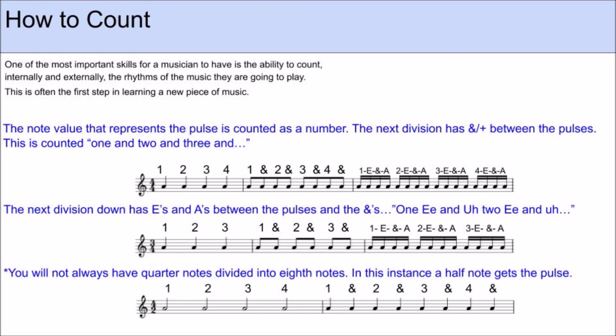The top number is 4, so we know that there are 4 of those half notes in a measure. So written out here, using half notes, we would say 1, 2, 3, 4. And then when you divide those half notes down into quarter notes, that would become 1 and 2 and 3 and 4 and.